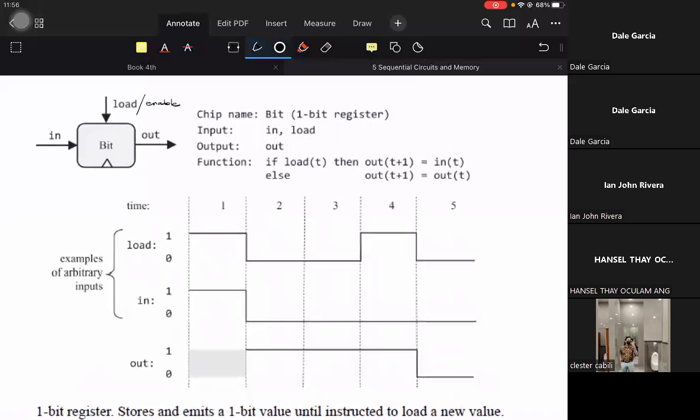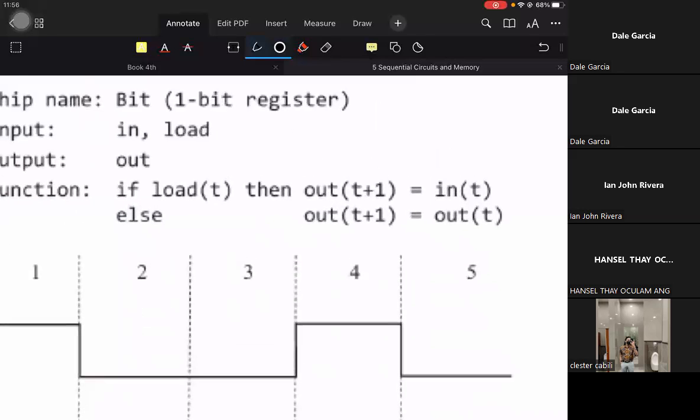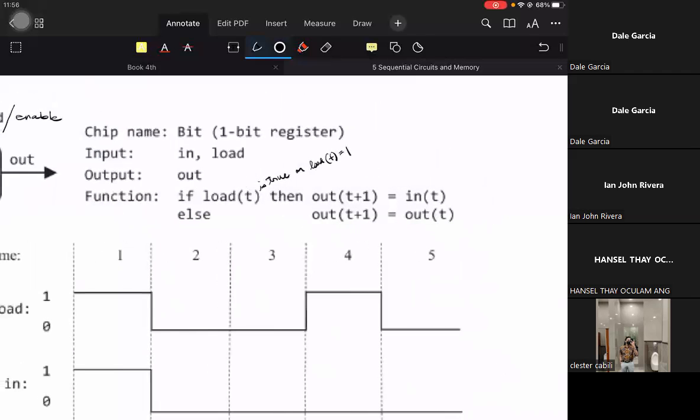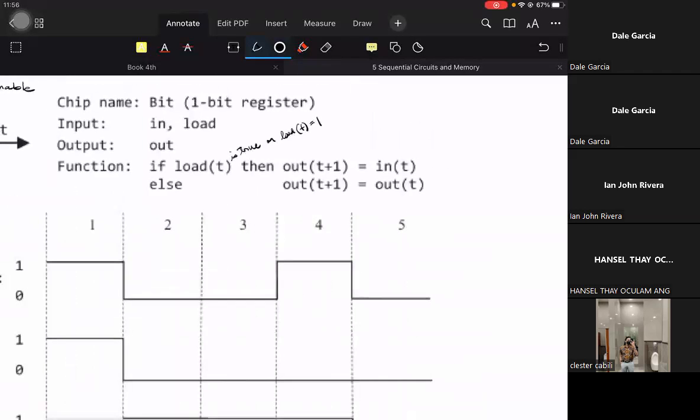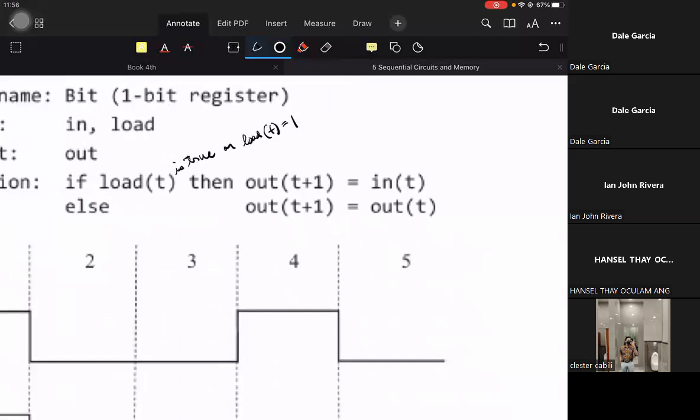If load at T is true, or equal to 1, then the output at T plus 1 is equal to the previous input. If not, the output is retained. The present output is equal to the earlier output.